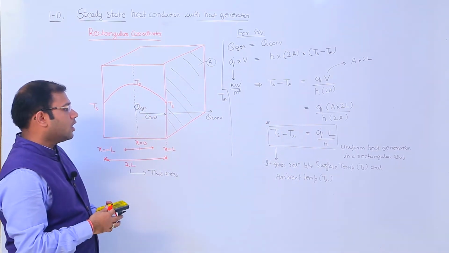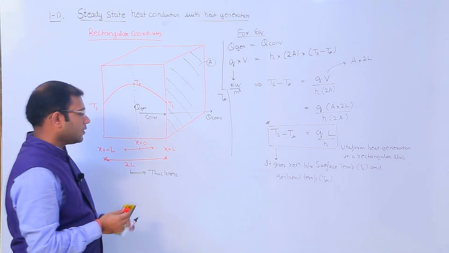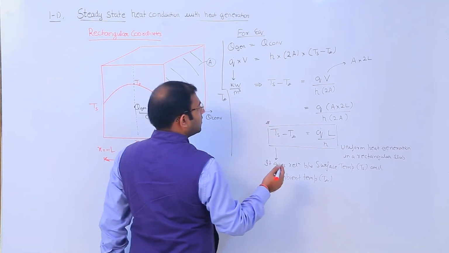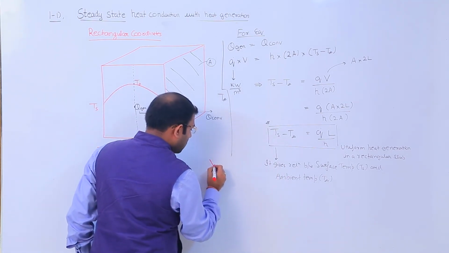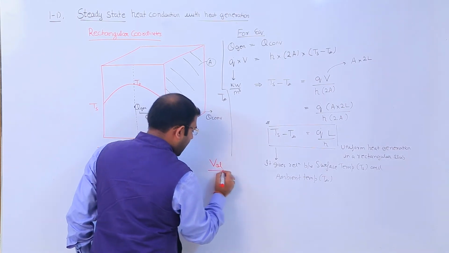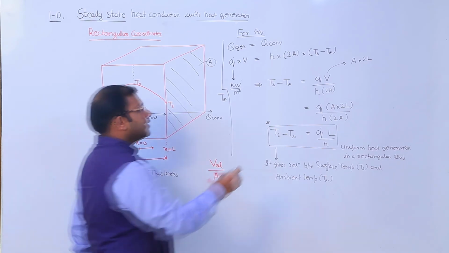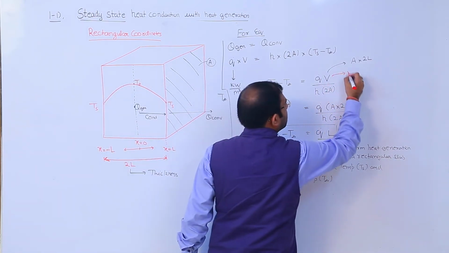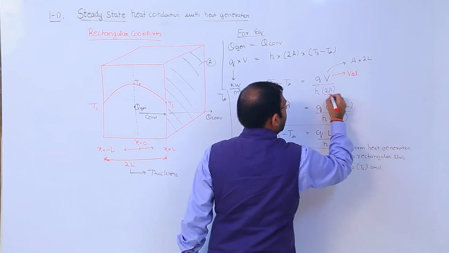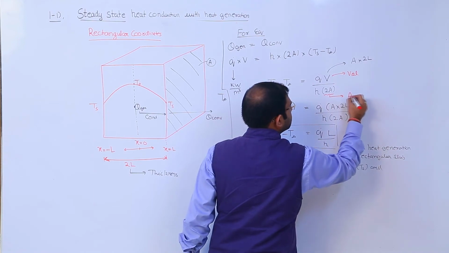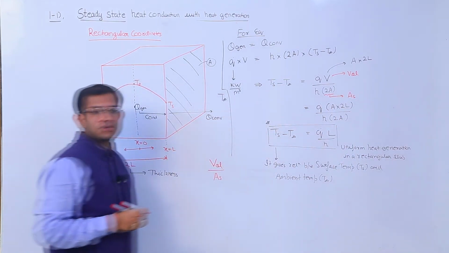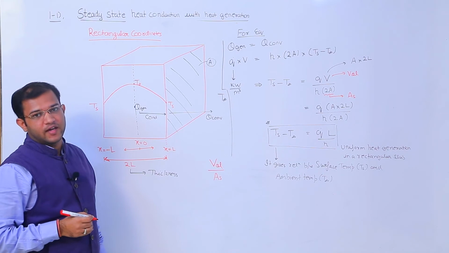Fine. Now, see students, this term, volume upon surface area. See, here this is nothing but your volume and this is nothing but your surface area responsible for heat convection.